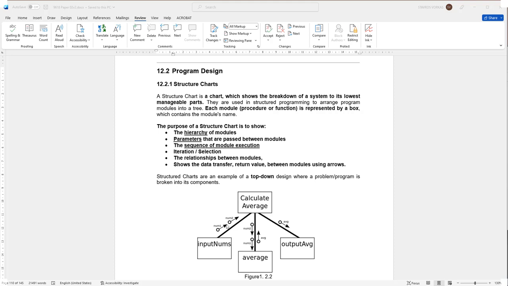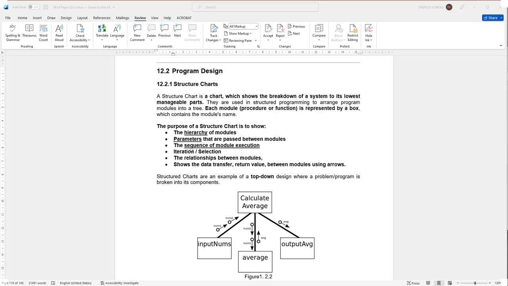Now it also shows these little arrows with the hollow circle, which show parameters being passed into a module. So we can see here that calculate average receives 2 parameters.